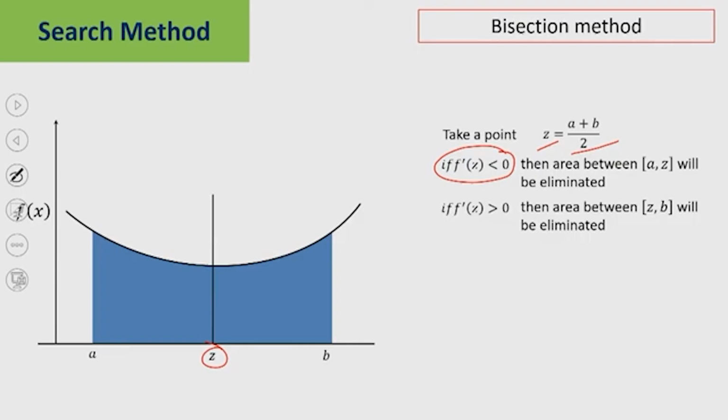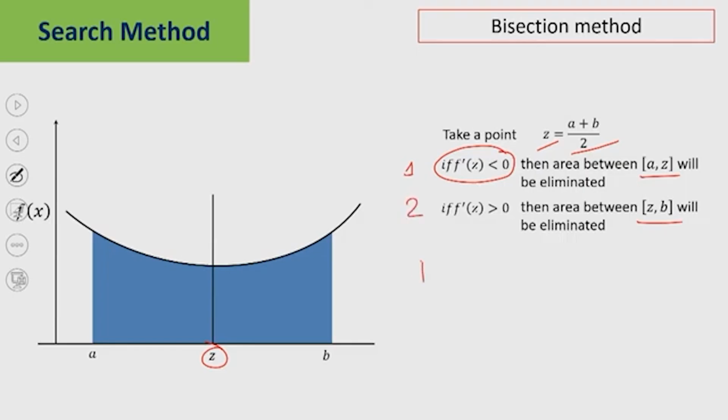If it is less than 0, then we are eliminating the region A z. Okay. And if it is greater than 0, then we are eliminating the region z b. So, this is condition 1 and this is condition 2.